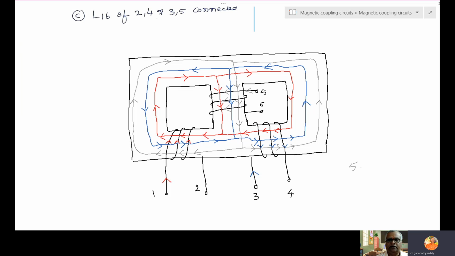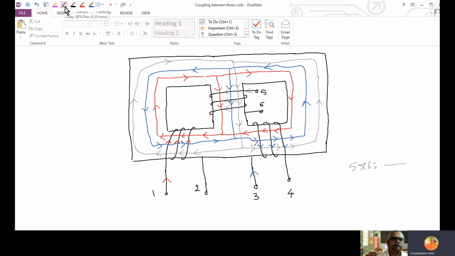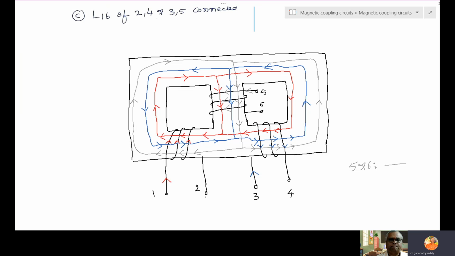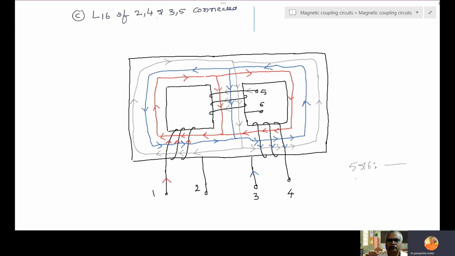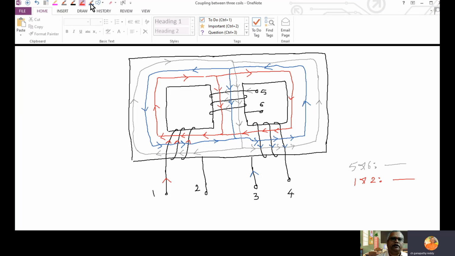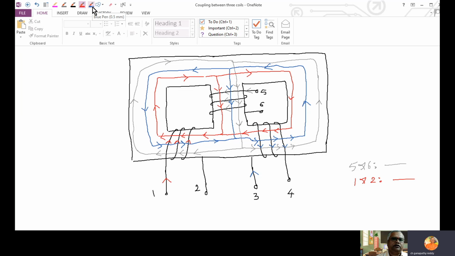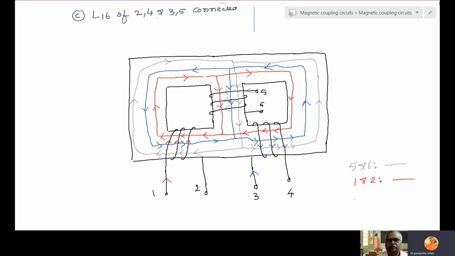So 5 and 6 are gray. Black is not used. Red is used for 1, 2. 3, 4 blue.